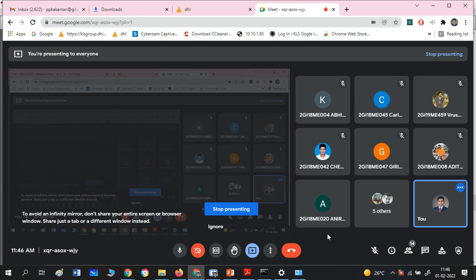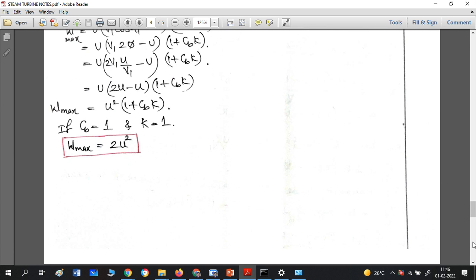Take the Pelton turbine maximum blade efficiency derivation and compare it with the steam turbine blade efficiency. Both are impulse turbines, both are tangential flow turbines. If you just compare, you will understand the difference between these two derivations, which are almost similar. So now we'll go to the next concept.